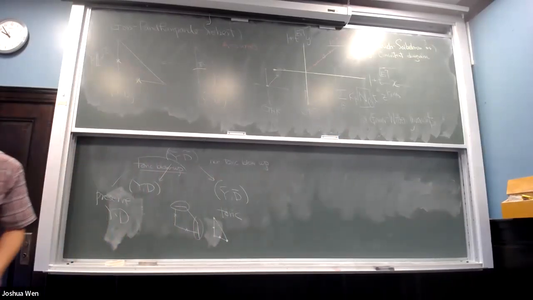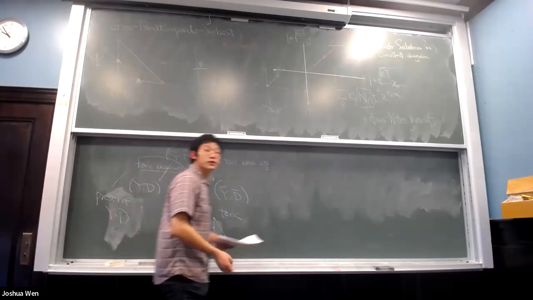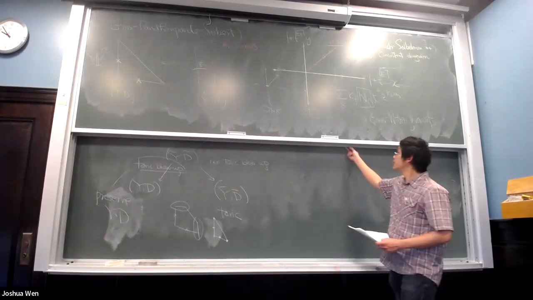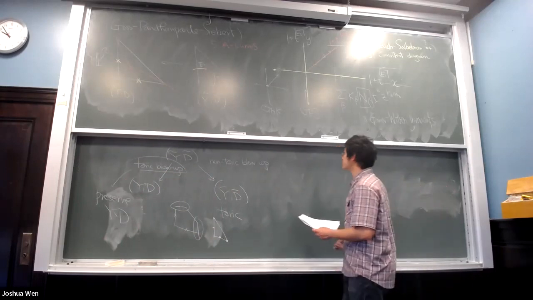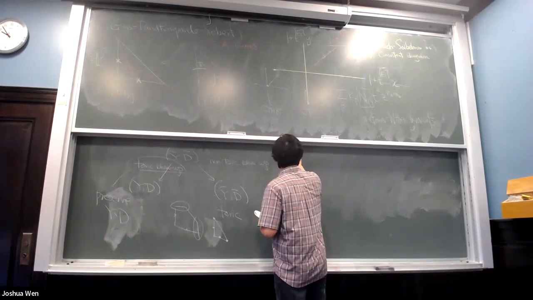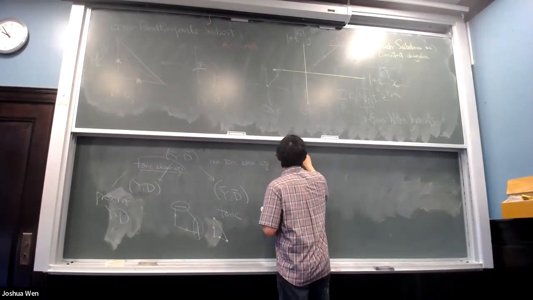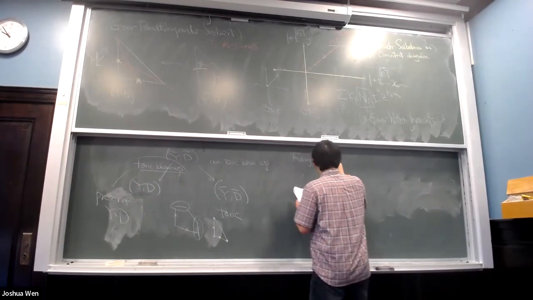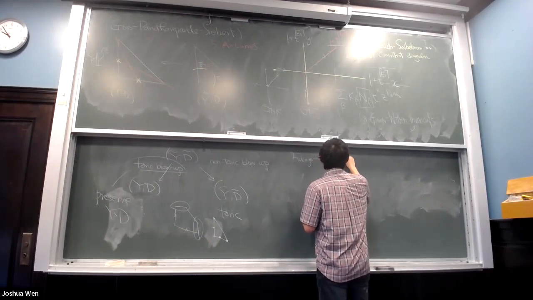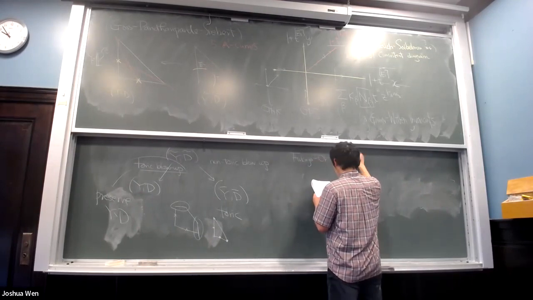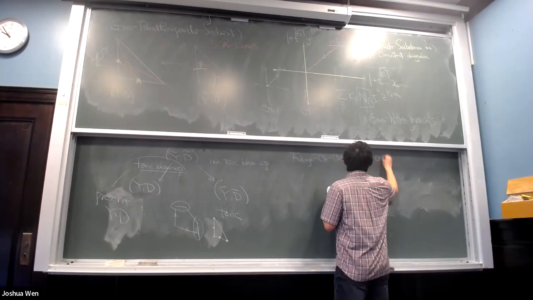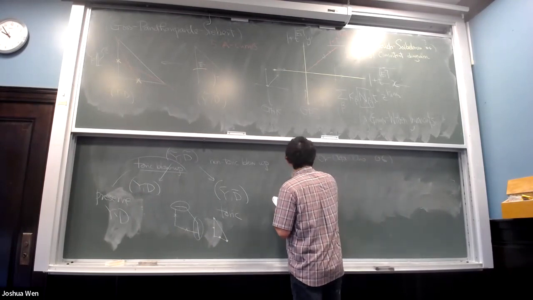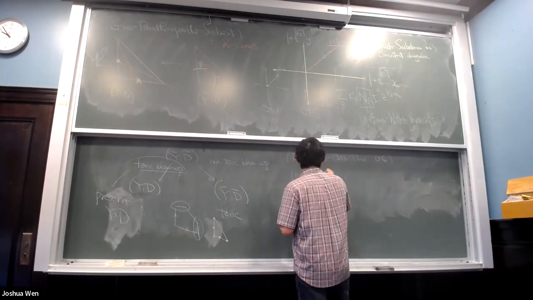Okay. So now I can turn to Floer theory. I'll quickly go over the components of it now. So I have a symplectic manifold.